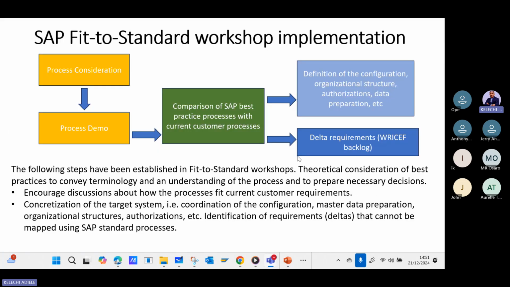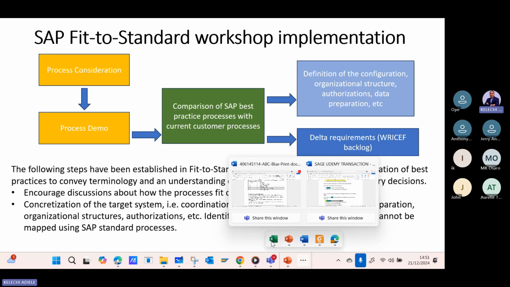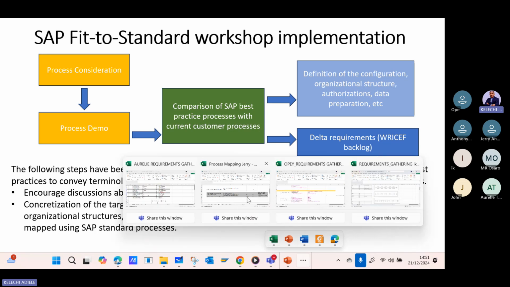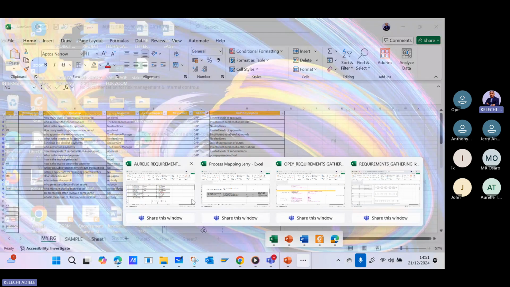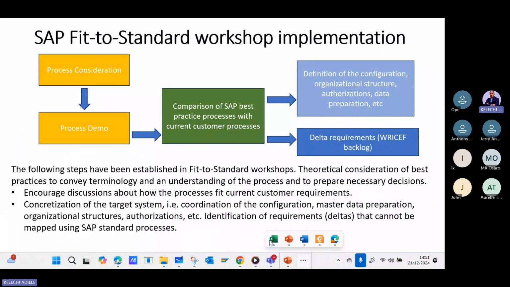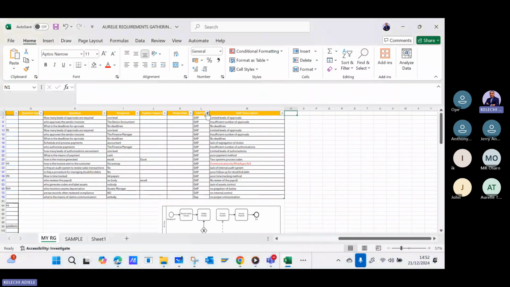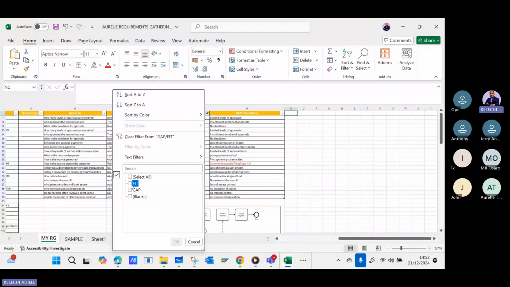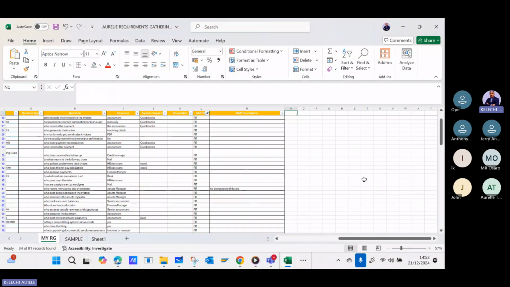So this is the process for the main aim of the fit to standard workshop. I hope it's very well understood. So the first is process consideration, process demo, comparison of best practice. And guys, as you have identified these fits, if I come back again and filter for fits, all these fits really.